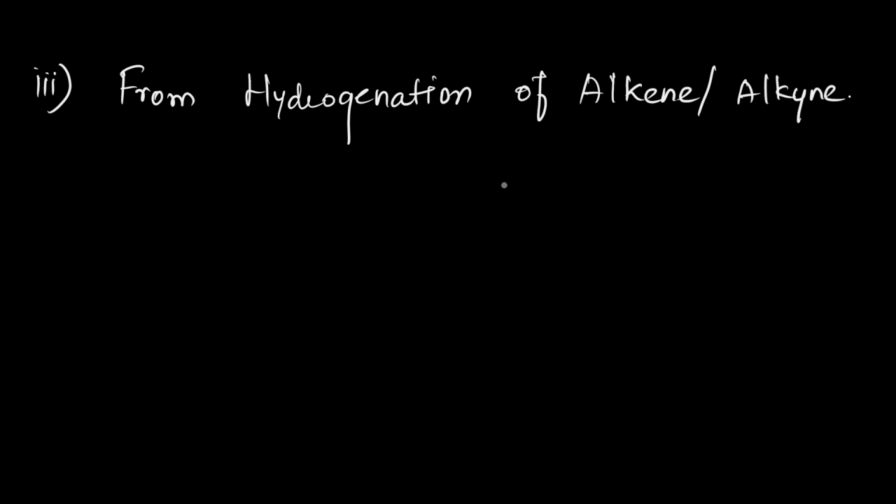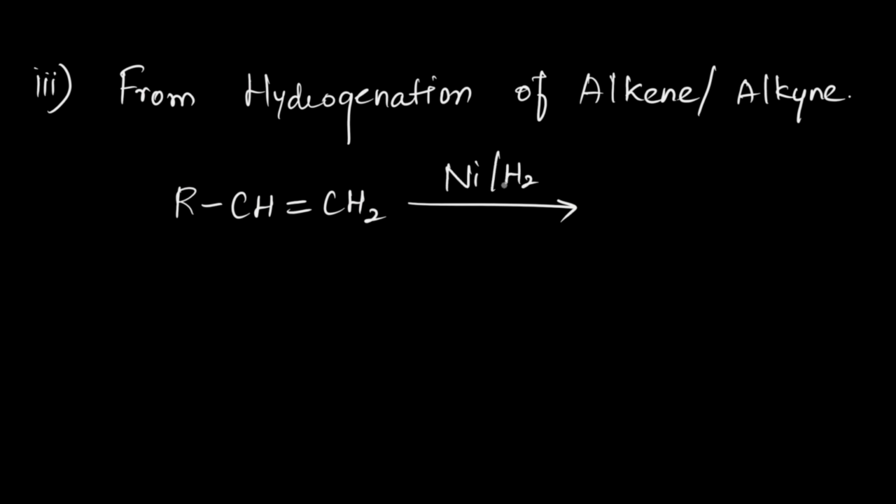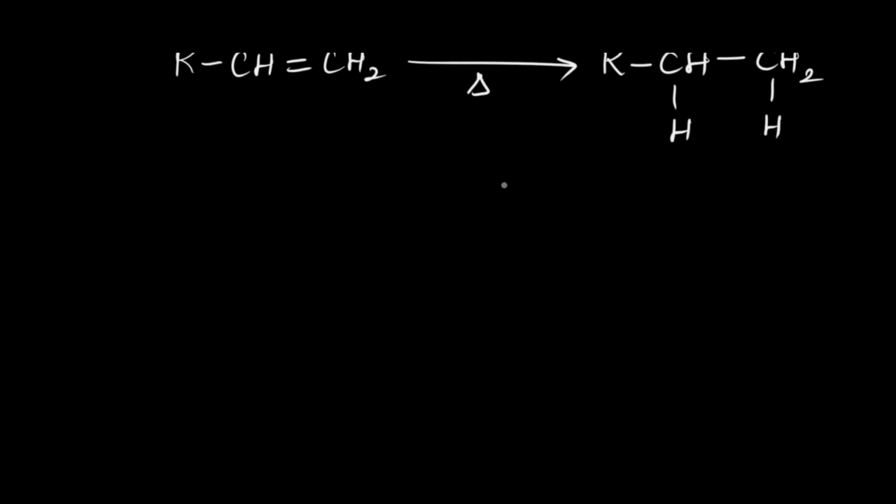Say for example, if you are taking RCH double bond CH2 and I'm adding the nickel catalyst along with hydrogen with the help of heat, each one of those hydrogens will get added across the double bond. So end product will look like RCH2CH3.